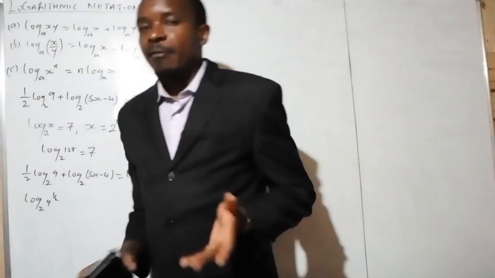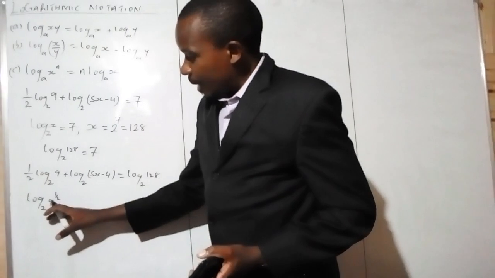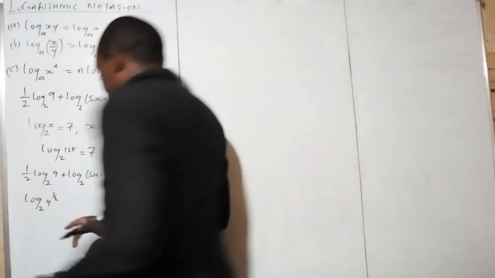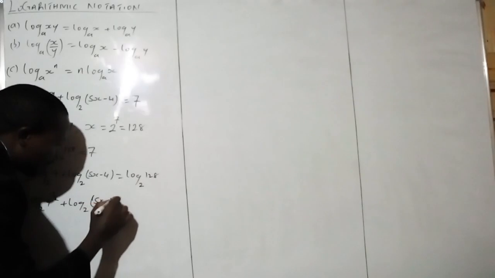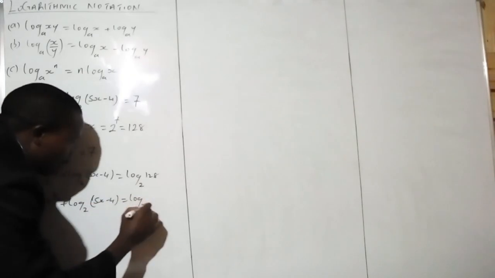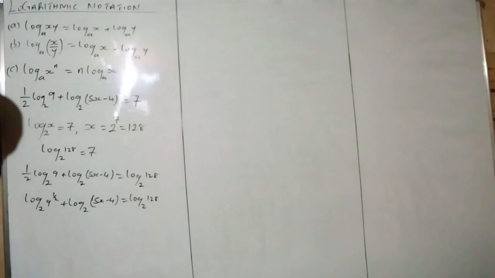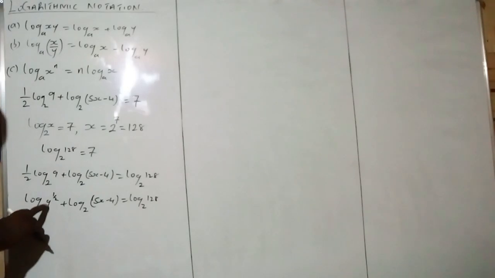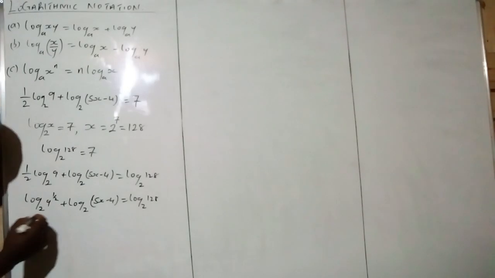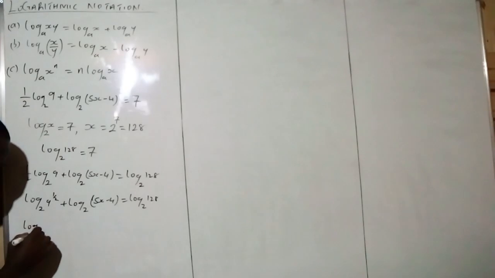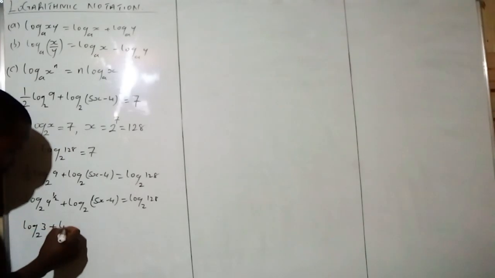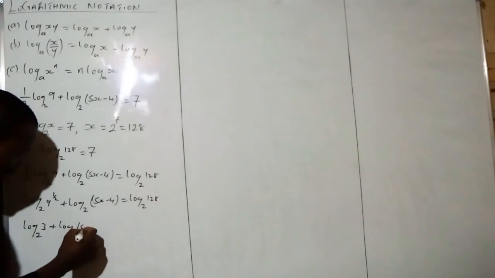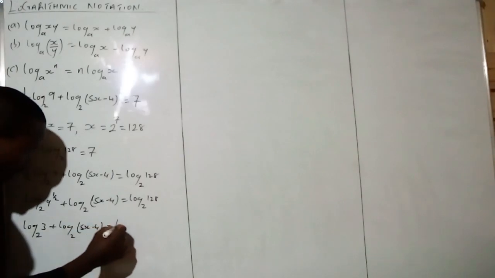So this is the same as the square root of 9, plus log to base 2 of (5x minus 4) is equal to log to base 2 of 128. Then the square root of 9 is 3. So we have log to base 2 of 3 plus log to base 2 of (5x minus 4) is equal to log to base 2 of 128.